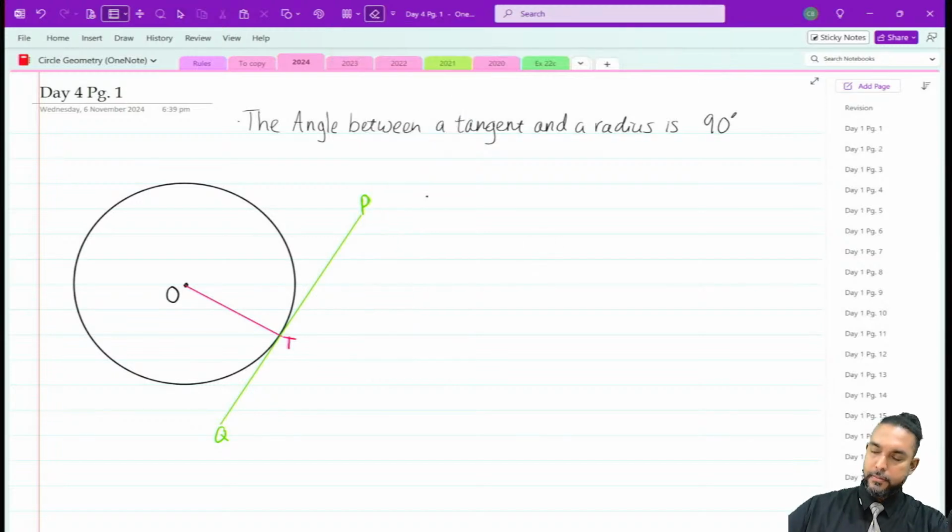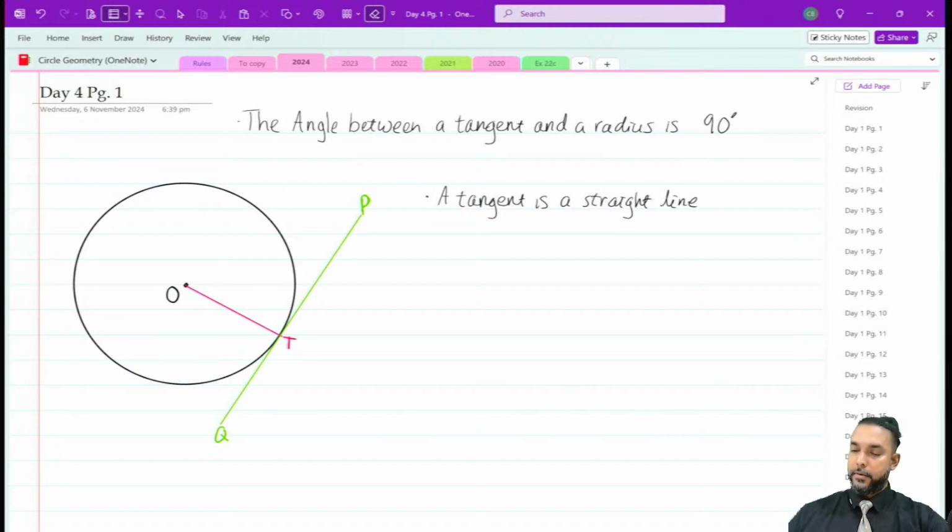A tangent is a straight line that touches a circle at one and only one point on the circumference.